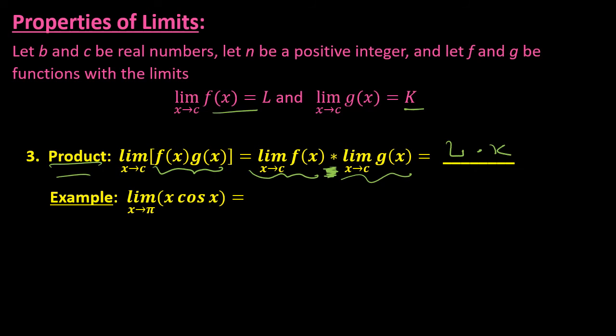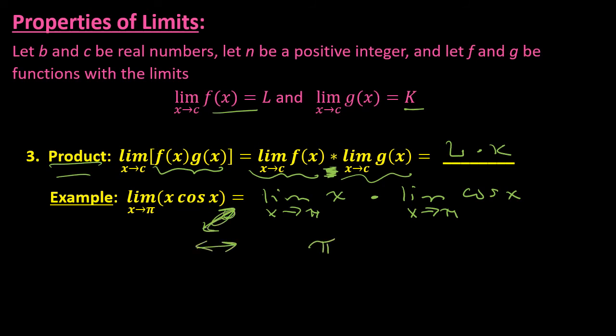If we look at this limit, I can break this apart and take each part individually. The limit as x approaches pi of x times the limit as x approaches pi of cosine x. Now I can just isolate those. I know that the limit of x, this is a line, so I can just substitute in pi, and I get pi. That's not a diagonal line, it would be a horizontal line.